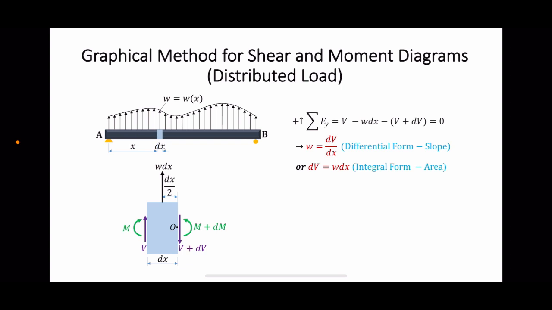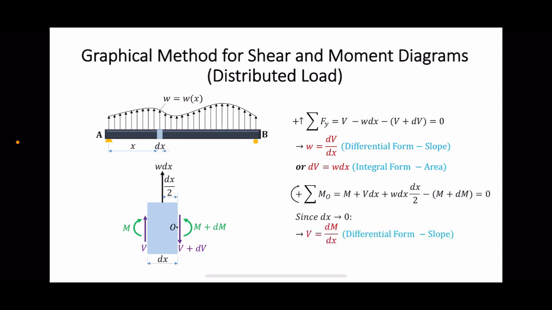From the differential form, you can see that the slope of the shear force diagram at the point is equal to the value of the distributed load at that point. In the same manner, from the equilibrium of moments about point O on the screen, we can see the relationship between the internal bending moment and the internal shear force written in differential and integral form.